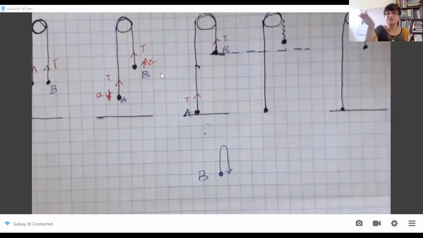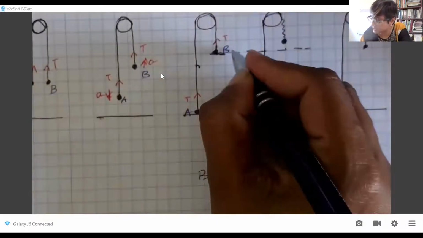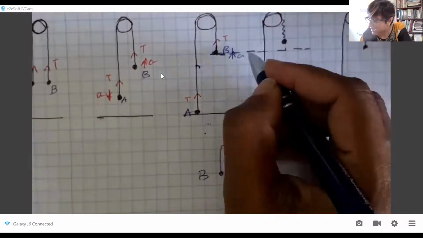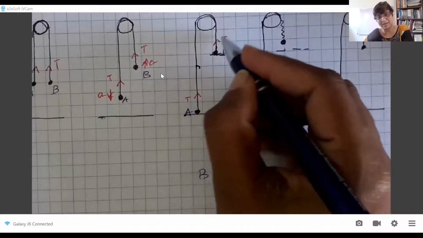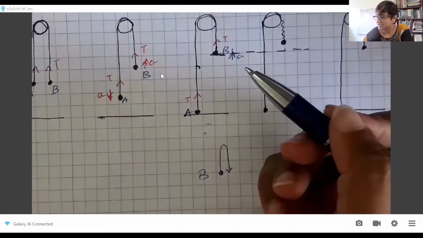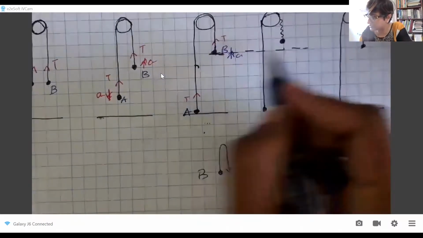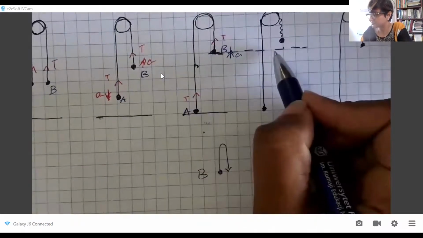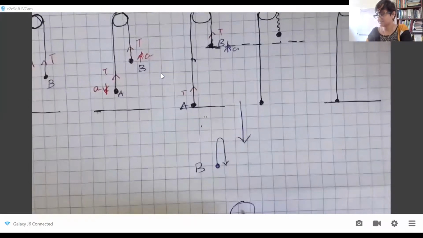Since B was moving, B is moving with the same acceleration as A. When T disappears at that moment, in this diagram I should have drawn the next moment.